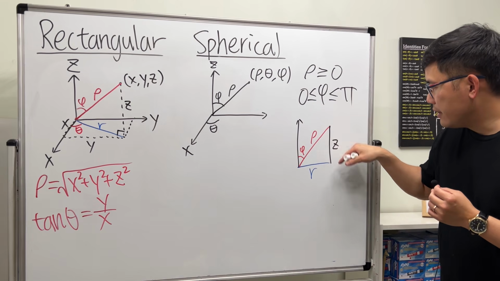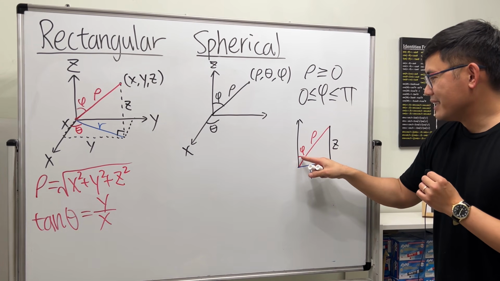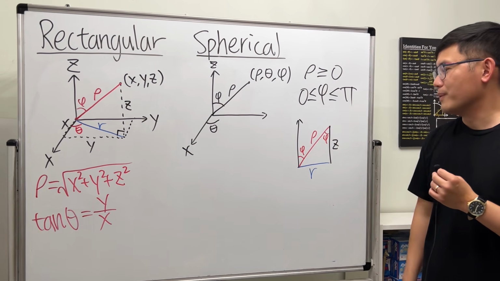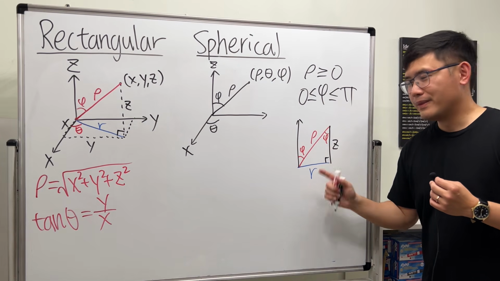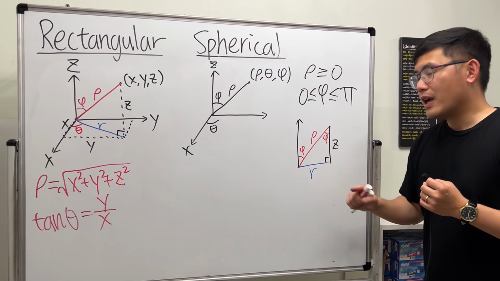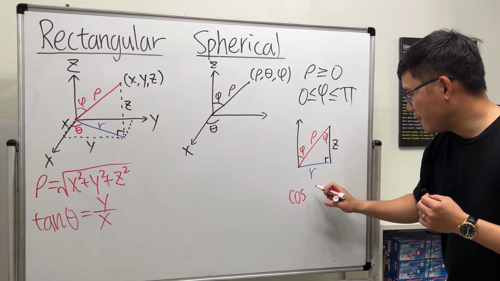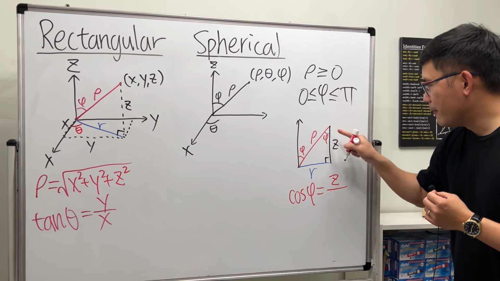Here and there, they are vertical. So they are parallel. That means this angle and that angle must be equal because alternate interior angles are equal. Now, by looking at this triangle, we have to figure out phi. Use cosine. Cosine of phi equals adjacent over hypotenuse.